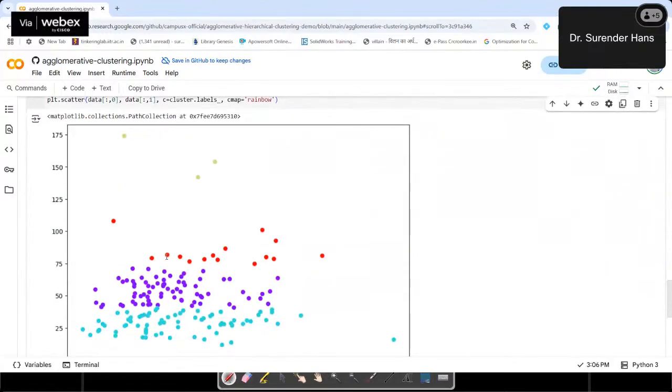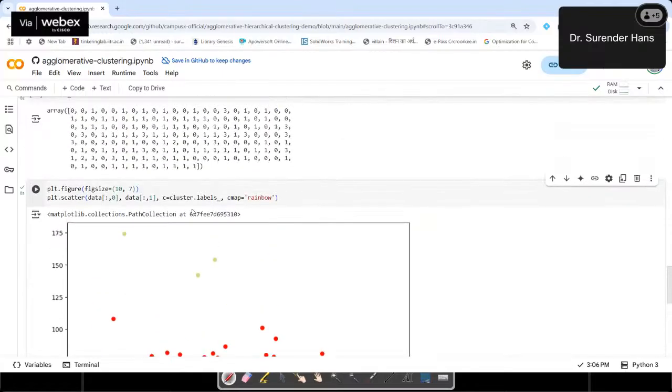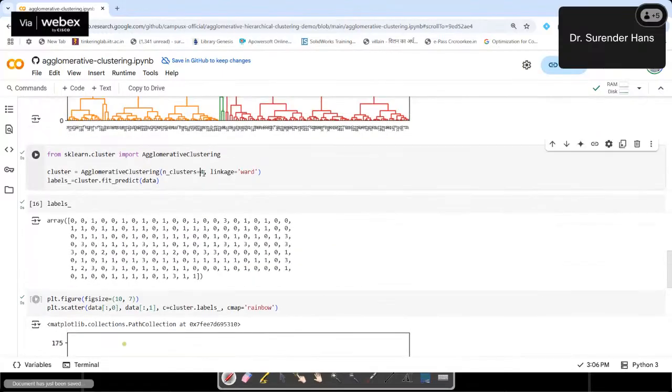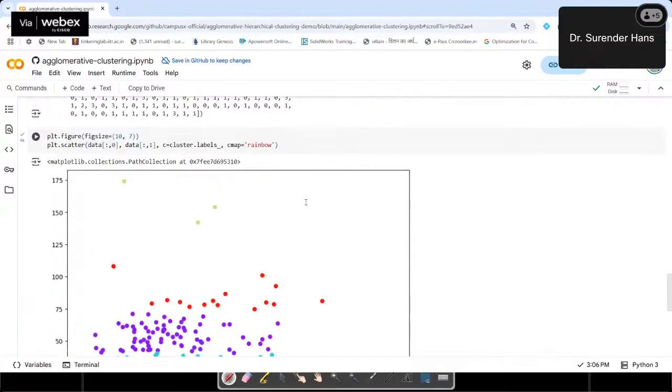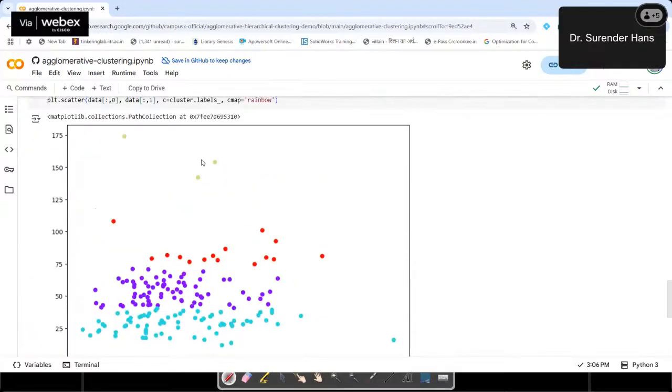Now you see, 1, 2, 3 and 4. So these are the kind of outliers. Let's say, for example, there are 3 clusters. So 1, 2, these are the outliers.